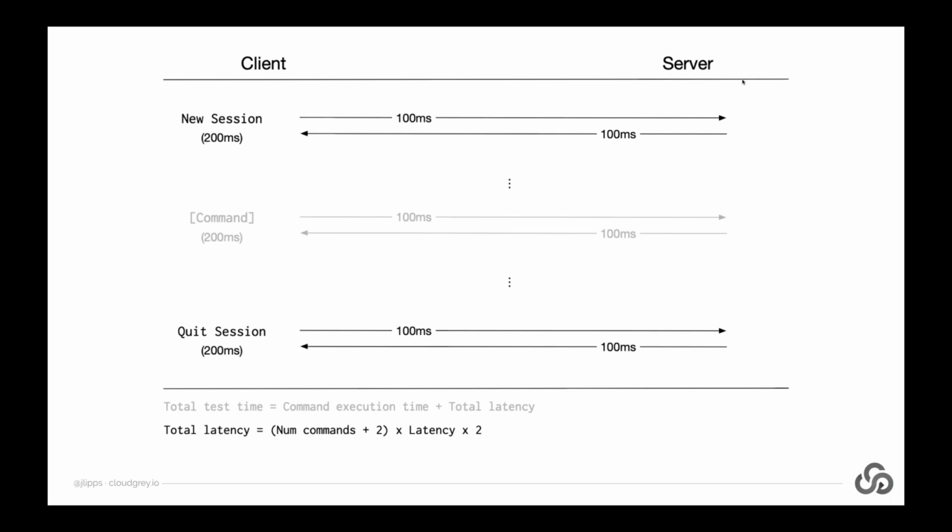Now, the thing that this diagram is pointing out is that for each of these, your client is sending a network request to the Appium server, and then the server is sending a response back. Now, if we imagine that the server is somewhere far away from you, or if you have particularly slow internet, or if the packets have to route through a particularly slow path, then you might be looking at a decent amount of time for each of these requests and responses to take place.